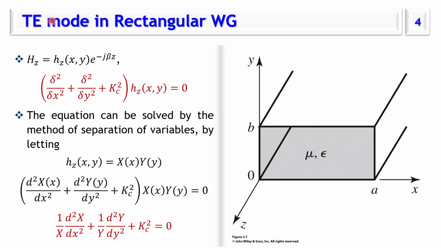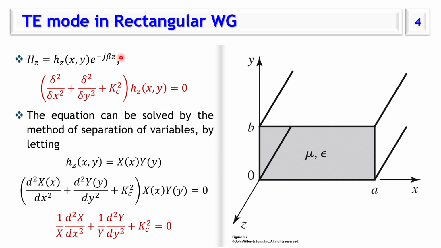As we discussed in the previous lecture, the TE mode is characterized by Ez, the longitudinal electric field, equals 0. So we only have the H longitudinal component.